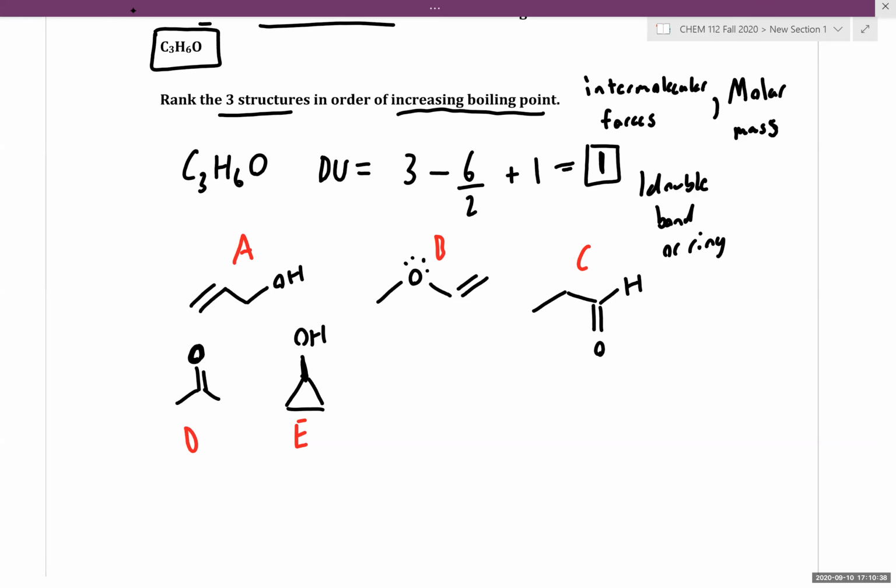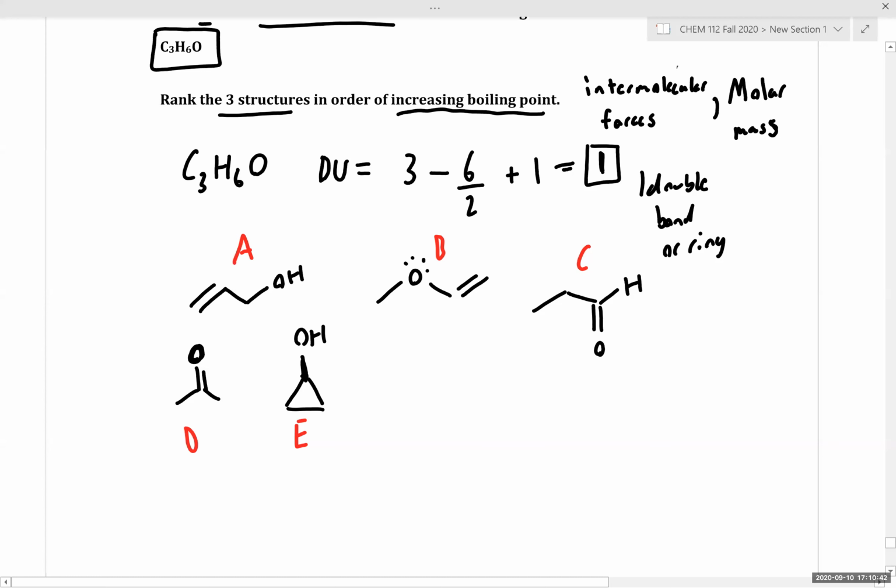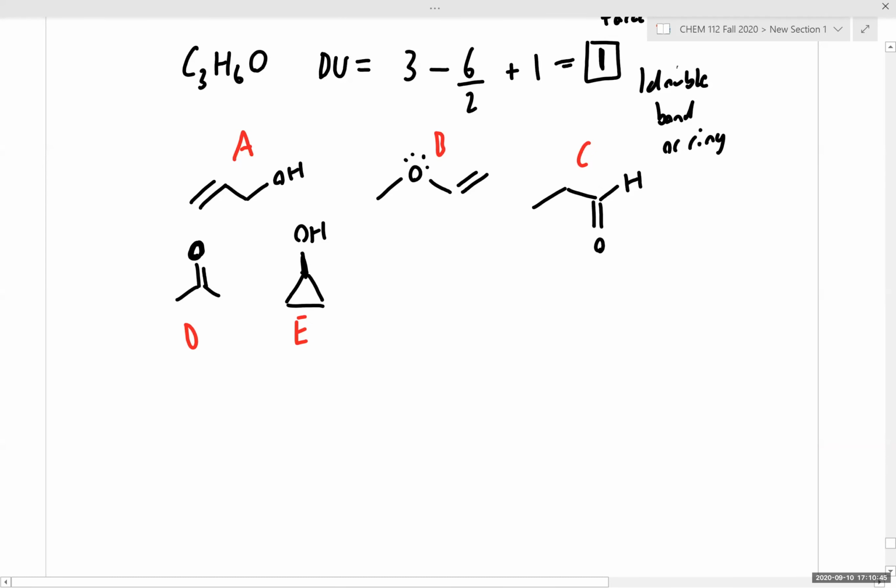My question to all of you is, which structure or structures will have the highest boiling point? Which structures have either the strongest intermolecular forces or a structure that leads to efficient packing? Which of these five structures will have high boiling points?